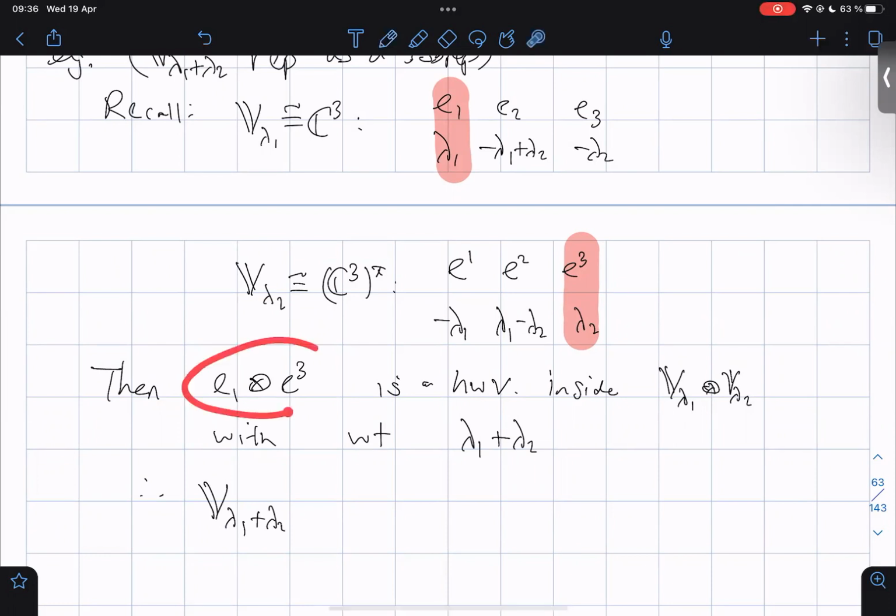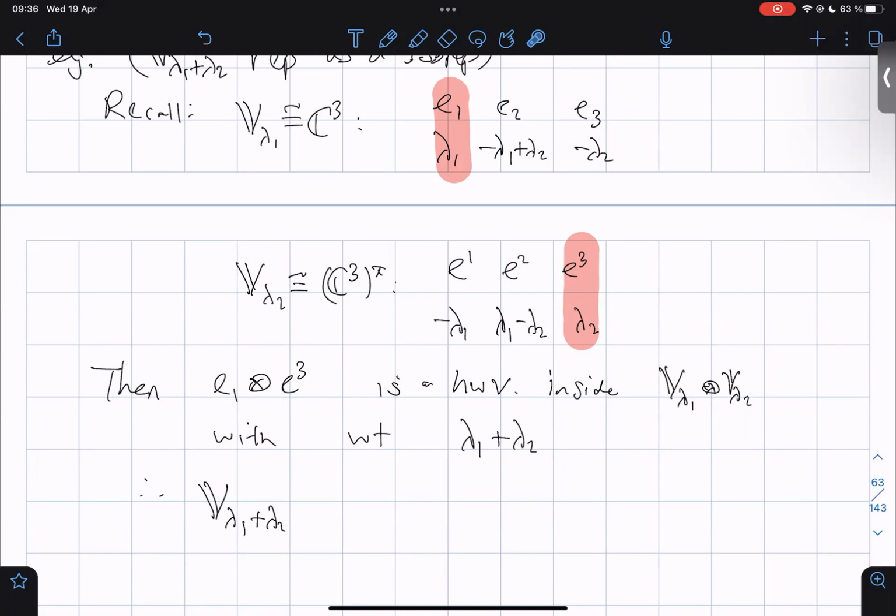So we have this highest weight vector, and then you could generate a representation from it. If I hit it with any of the raising operators coming from the positive roots, of course, it's going to kill it because it's a highest weight vector. So I could start letting the rest of the Lie algebra act, namely the lowering operators. That's going to generate a representation.